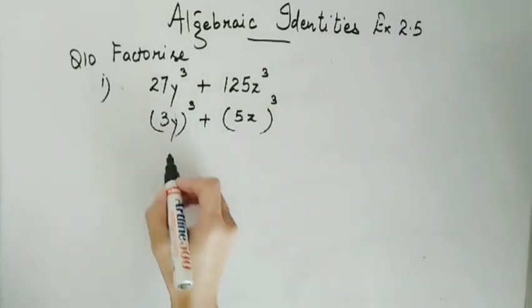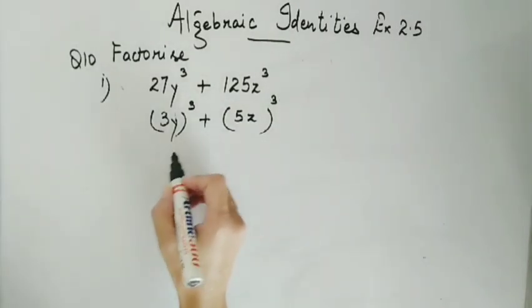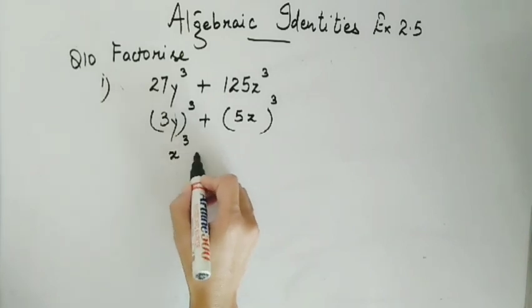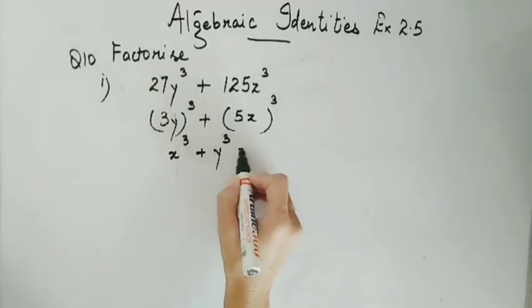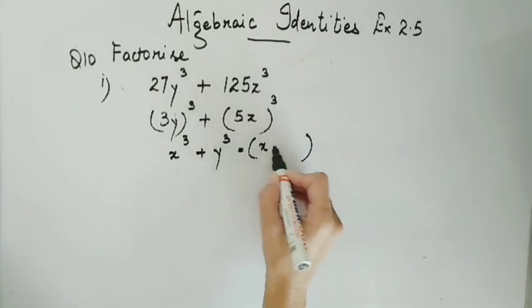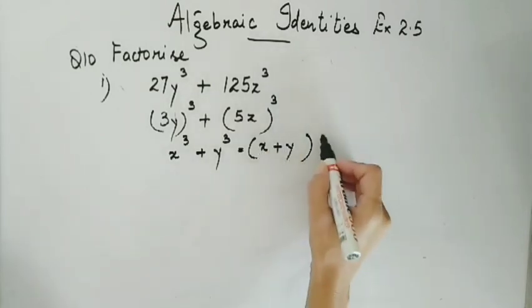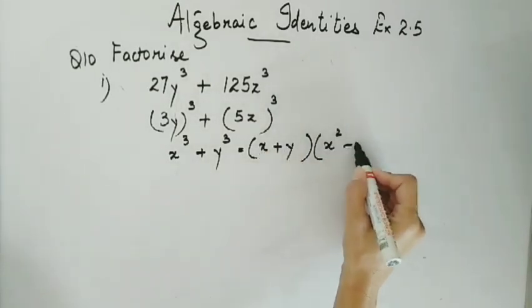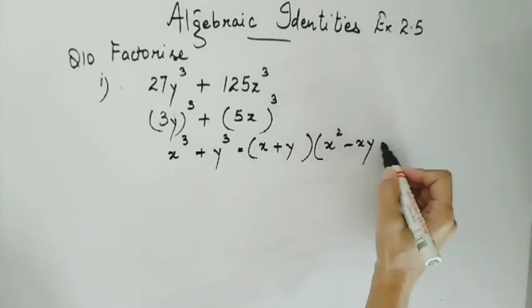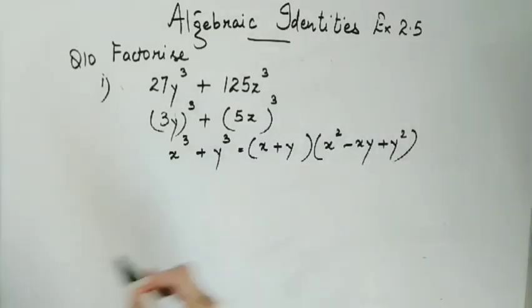Now this is nothing but the identity which we have just now seen, that x cube plus y cube would be expressed as product of binomial x plus y and a trinomial x square minus xy plus y square.